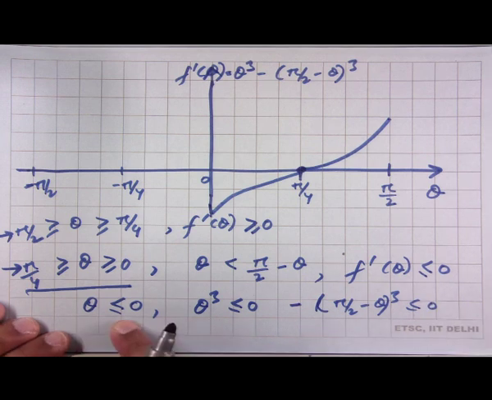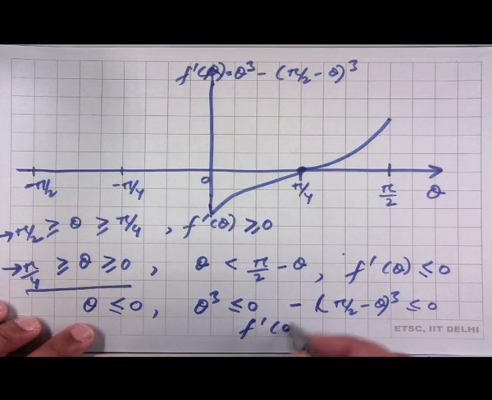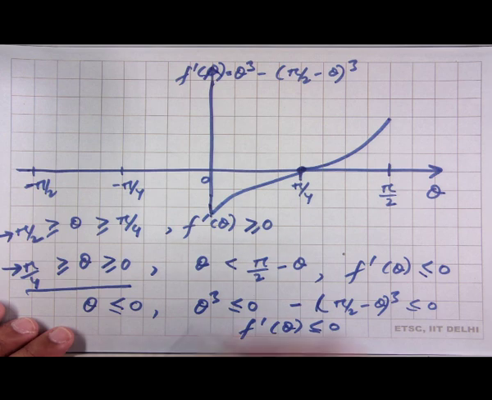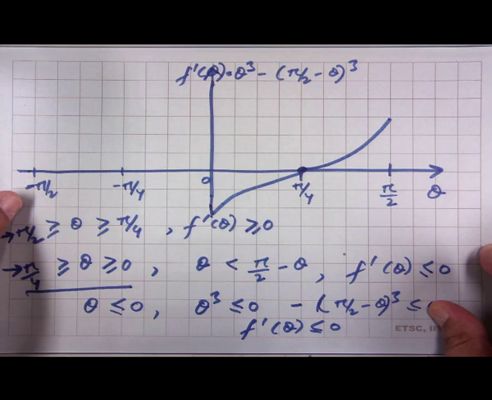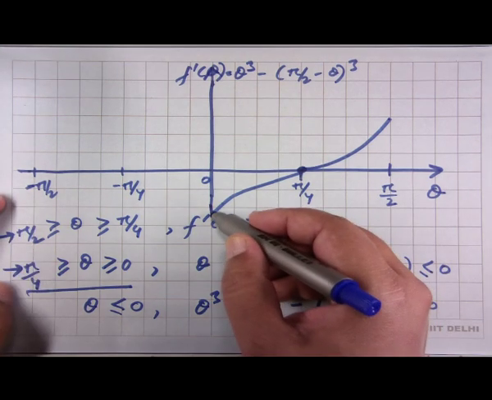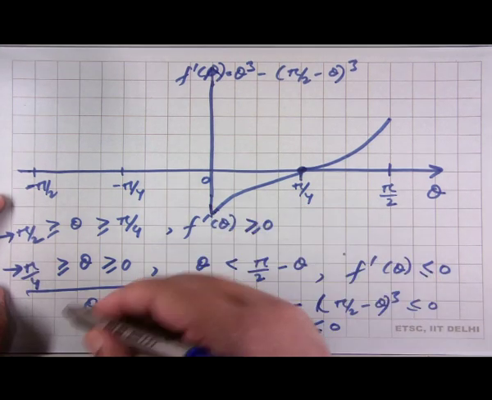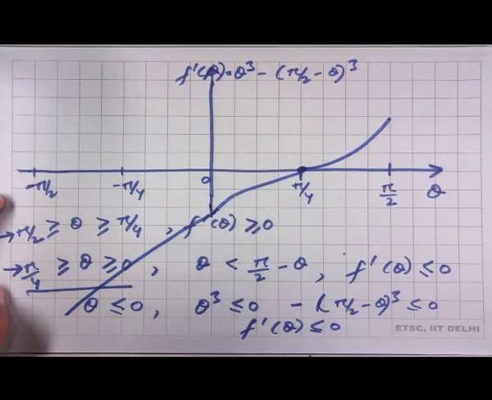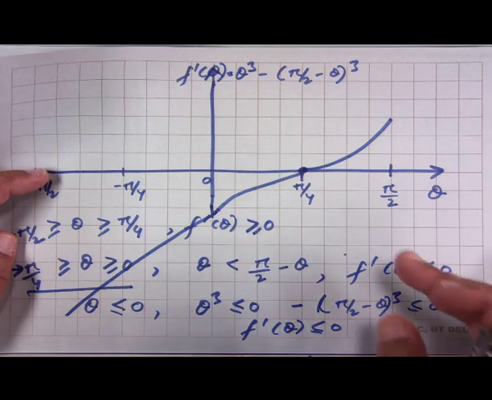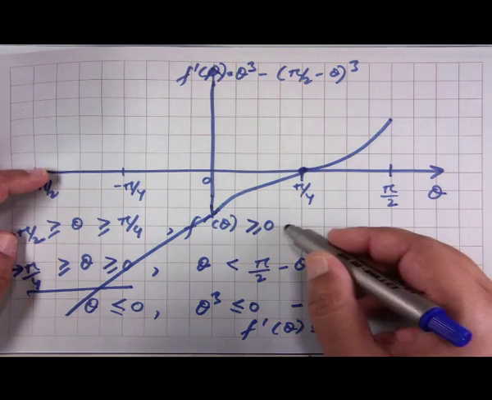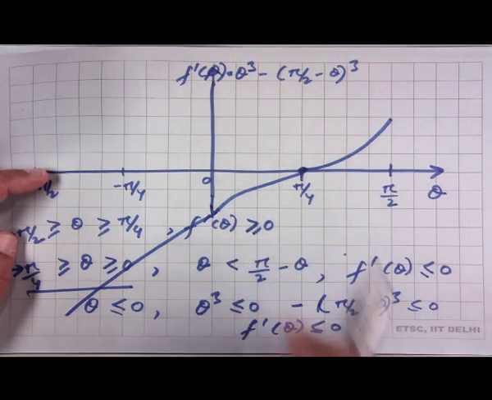Therefore, when theta is less than or equal to 0, the first derivative f dash theta is again negative. If I replot it, this curve would still be negative, something like this. The graph is not exact. What is more important here is whether f dash theta is positive or negative.